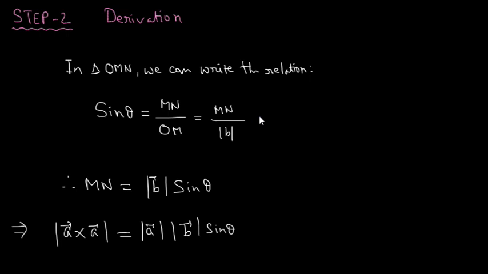So in triangle OMN we can write the relation sin theta is equal to MN by OM, which is equal to MN upon modulus B. Therefore, by cross multiplying, we can write MN is equal to modulus of B sin theta, which implies that A cross B is equal to AB sin theta.